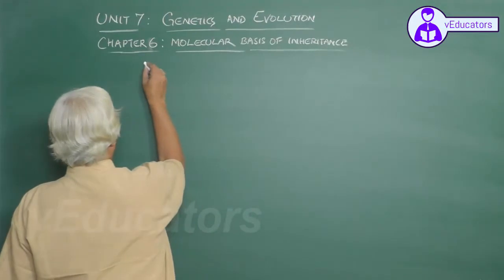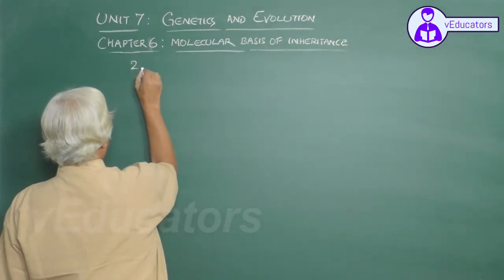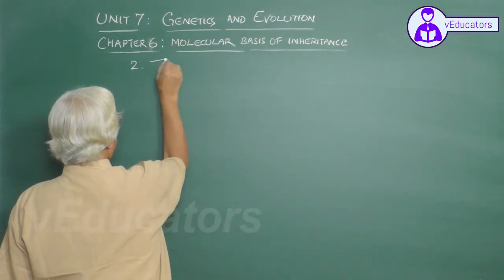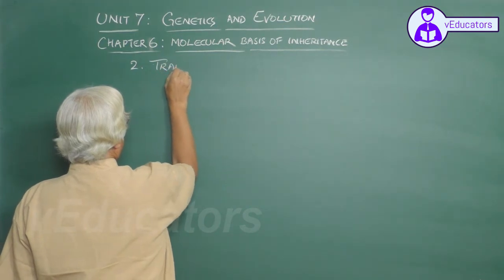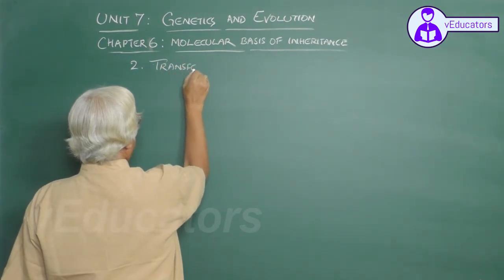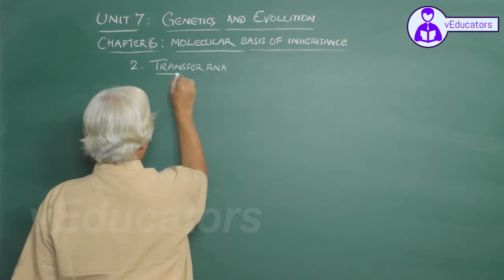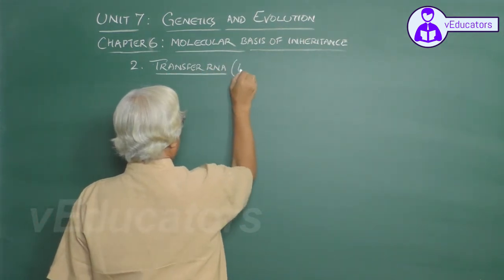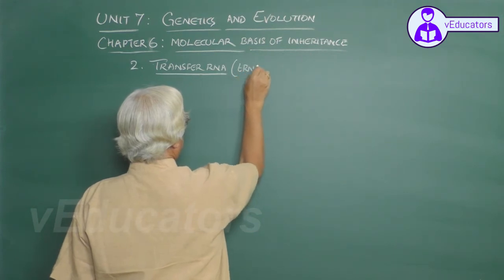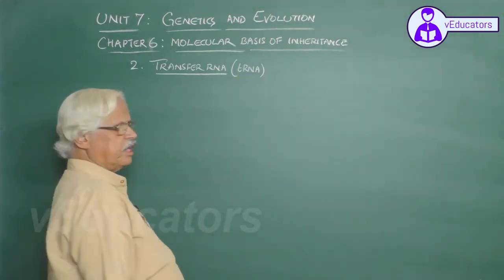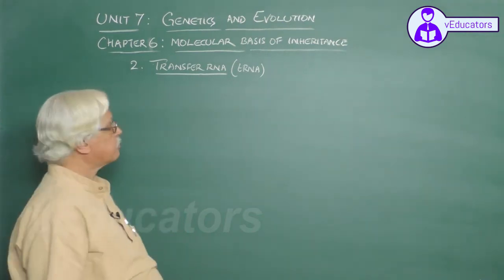The second type of RNA is called transfer RNA, commonly abbreviated as tRNA.